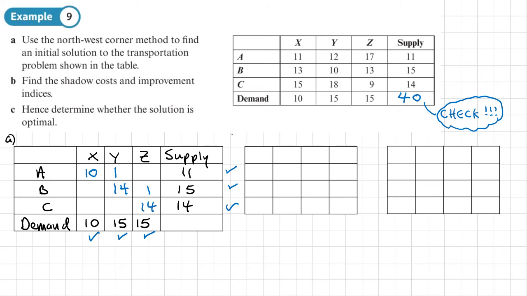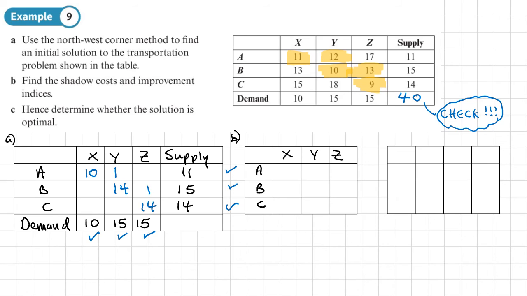So we're going to part B, and part B is asking us to find the shadow costs and then the improvement indices. So we'll start by finding the shadow costs. For the shadow costs, we only need the cost of the cells that we've used. So I'll just highlight those in the original table. So that's AX, AY, BY, BZ, CZ.